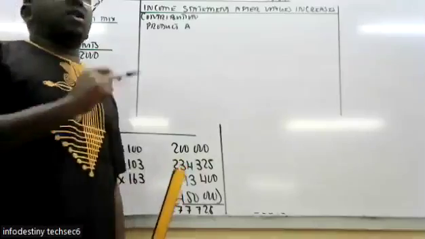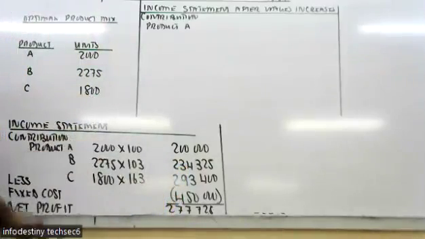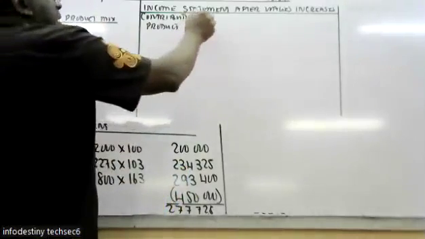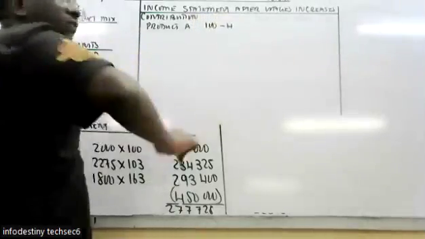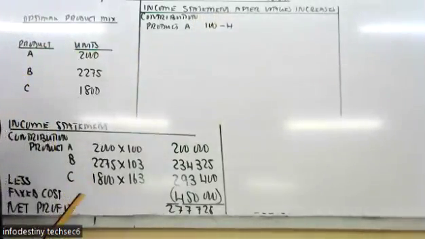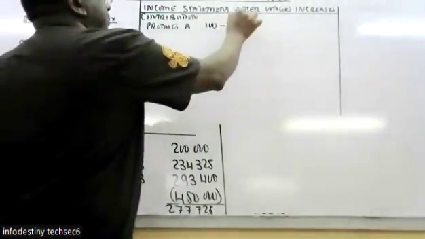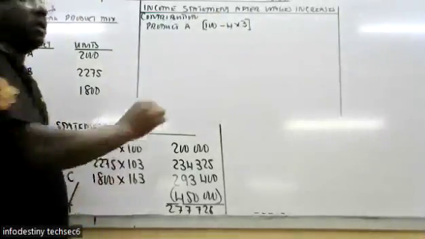Good. So the contribution margin for A, which is currently 100, must come down by 4 shillings per hour. And we had 3 hours. That will be the new contribution.